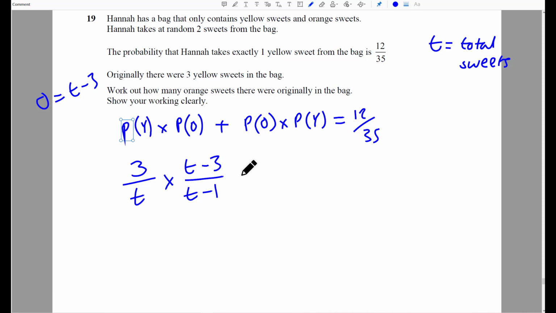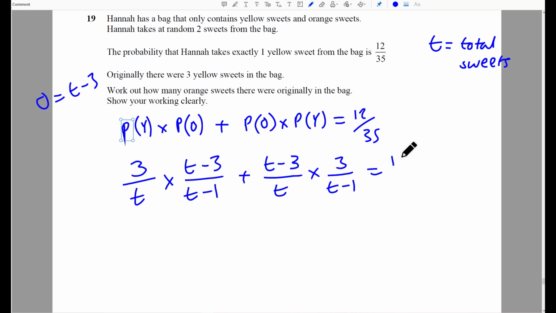Okay, and then I'm going to do this. Plus, the probability of orange is T minus 3. That's orange first, times picking yellow second, which would be 3 over T minus 1.